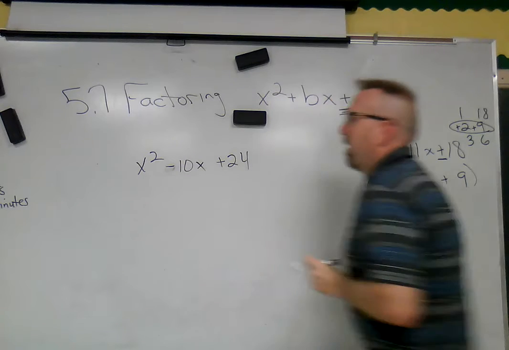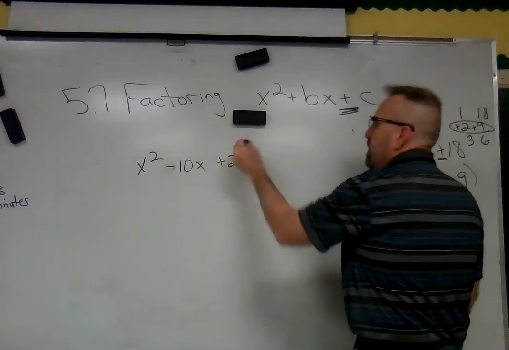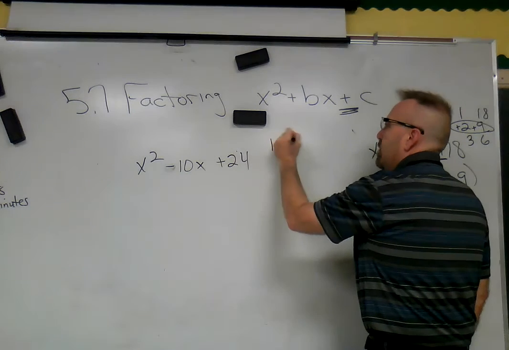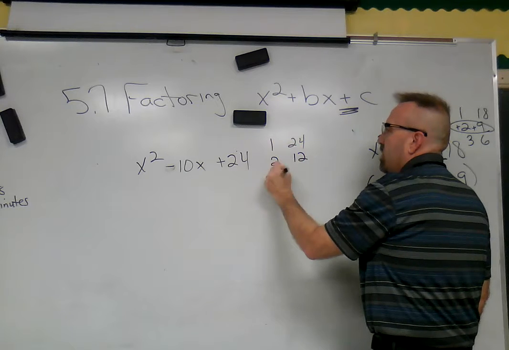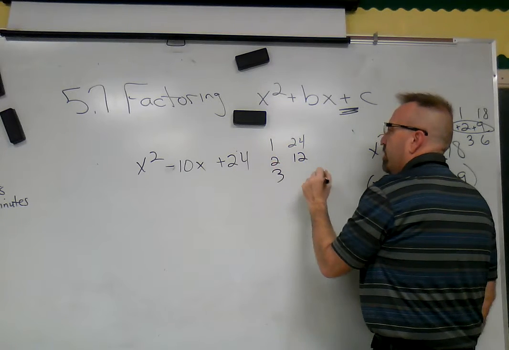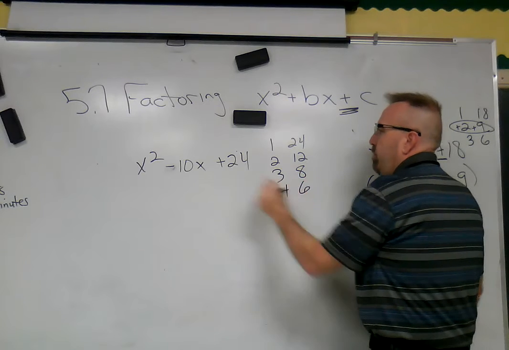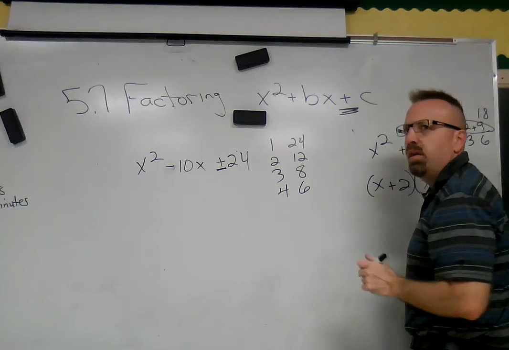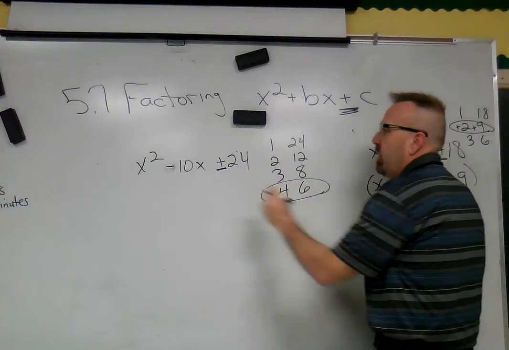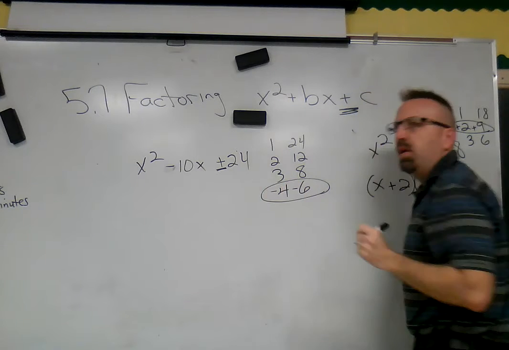So this time we have x squared minus 10x plus 24. So we get factors of 24. 1 and 24, 2 and 12, 3 and 8, 4 and 6. So we want them to add to be 10. Which of these will add to be 10? 4 and 6, but we need negative 10. So they will both be negative.